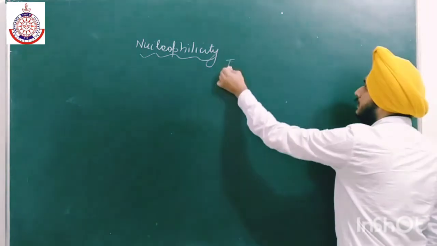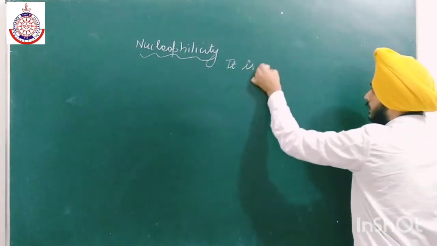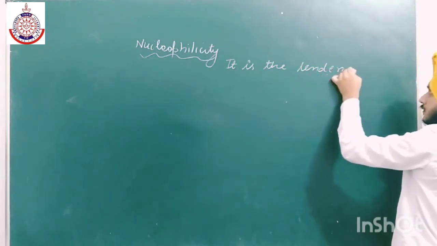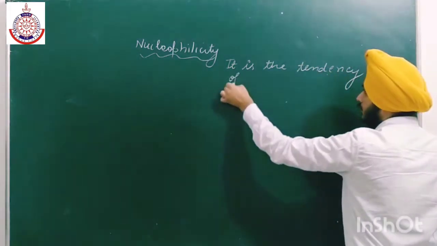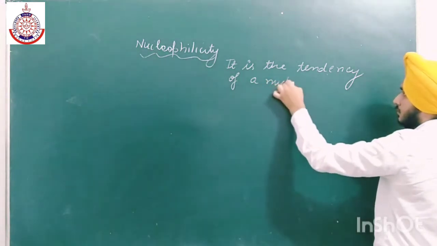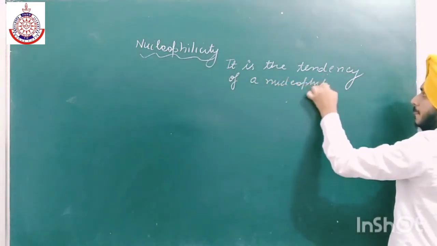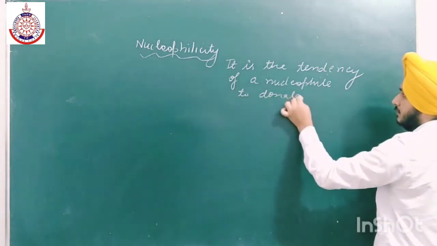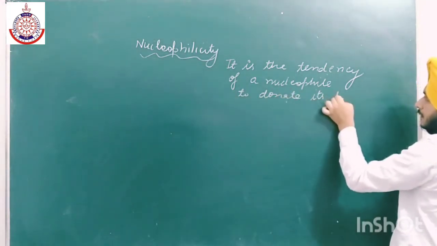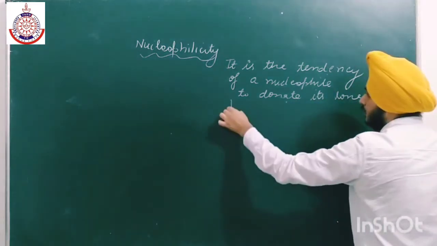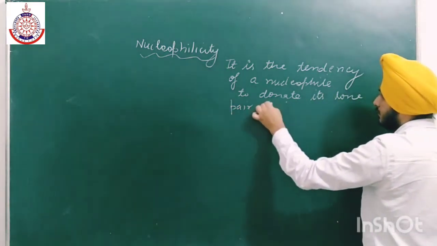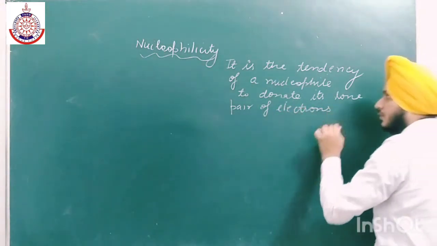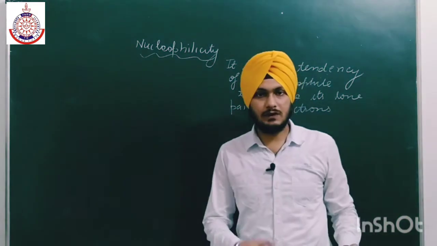So it is the tendency of a nucleophile to donate its lone pair of electrons, or it defines the power of a nucleophile to donate the lone pair of electrons.